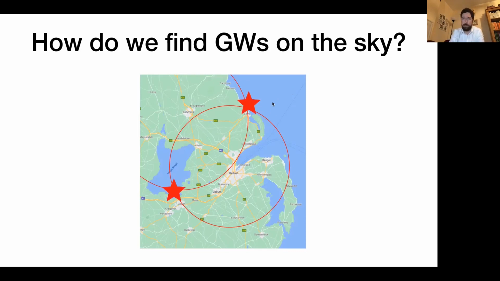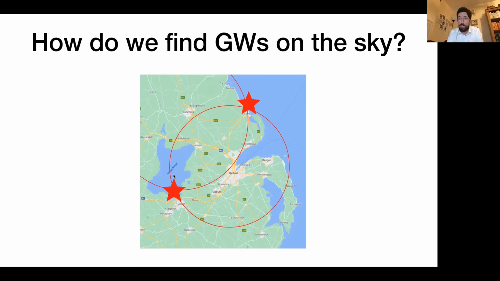So we can pinpoint, okay, the sound could have come from this region over here, or it could come from this region over here. So these are both spots on the map where, if we know when the firework exploded and we know where it was heard in different places, we can work out where on the map it was. So this is triangulation.